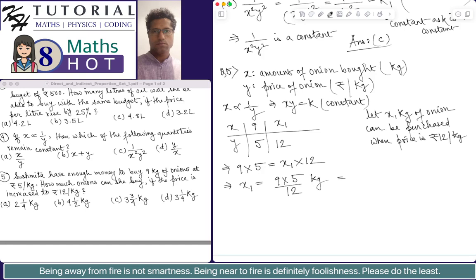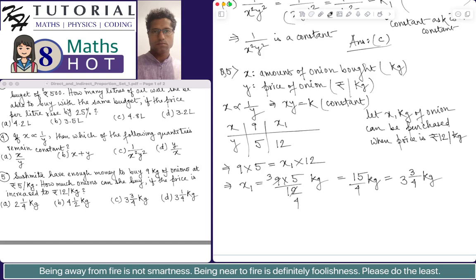Okay, and if we simplify, 3 fives are 15, so this is 15 by 4 kg, which is equal to 3 and 3/4 kg.